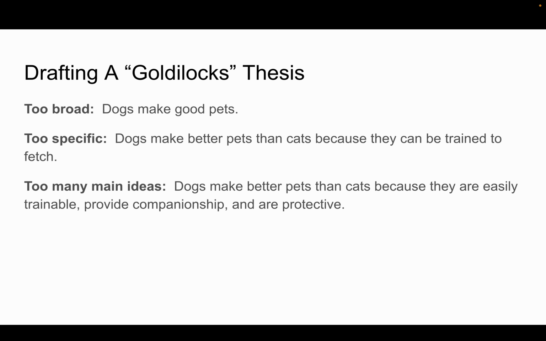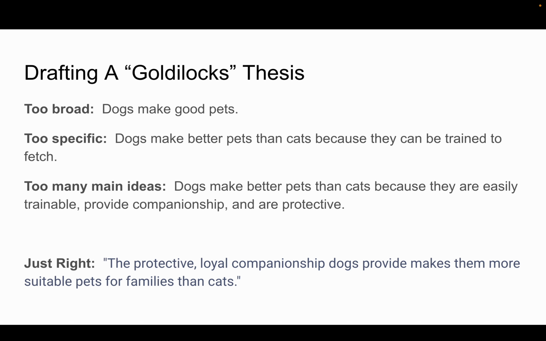This one has too many main ideas. It's a list of 3 main ideas, which may be how you were taught to write a thesis, but in more academic, complex writing, this really just becomes a paper that's a list of 3 main reasons instead of a unified overall 1 main idea. Here's one that's closer to just right. The protective, loyal companionship dogs provide makes them more suitable pets for families than cats.